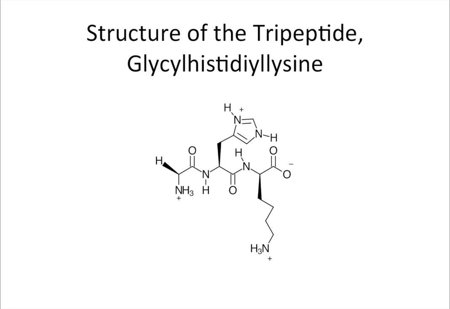Hormones are synthesized in one part of the body, and then they travel to distant locations where they act as signaling molecules. They stimulate some type of response in the body. With particular reference to skin, we're going to make note of this tripeptide, called glycyl histidyl lysine. This is meant to give you an example of how amino acids are joined together to form a peptide.